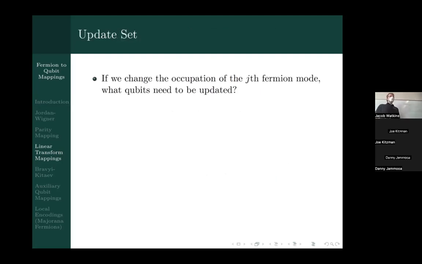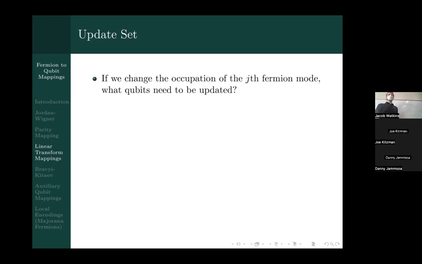So we can start thinking about some of the problems that we had with creating the Jordan-Wigner and parity transformations. If we change the occupation of fermion J, what qubits do you need to update? Because in Jordan-Wigner, there was none, other than J itself.